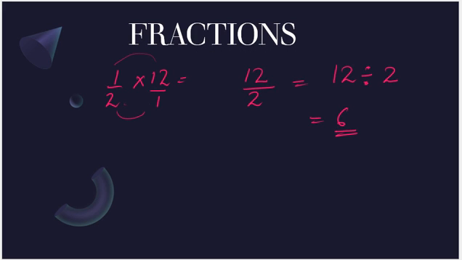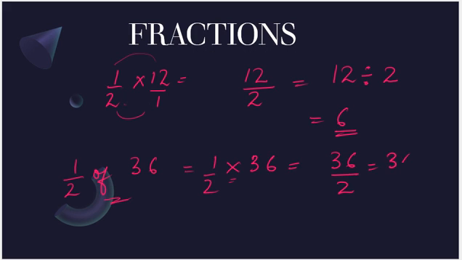Okay, if I want to say half of 36, what is half of 36? So I will write it as half of 36. I replace of by the multiplication sign. Then I'll write it as 36 divided by 2.